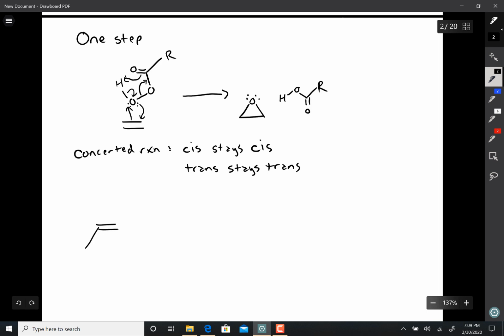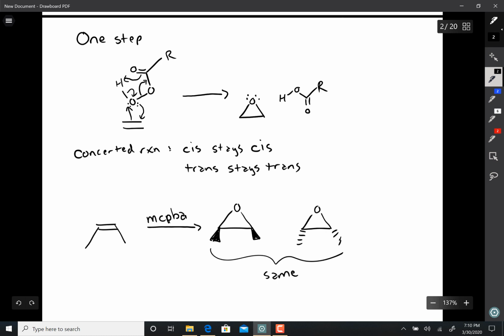So you started out with a cis alkene, and you do the epoxidation with, say, MCPBA, get your epoxide, and get your two methyl groups. And they end up cis to each other. Now you could have drawn it like this, but those are the same, so you draw one of those molecules.